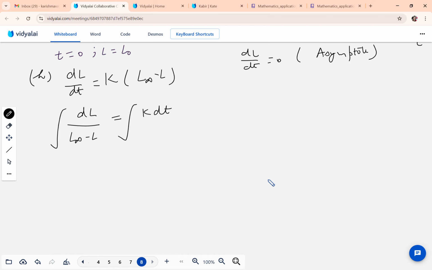But here we have dL upon a function, so you must be aware of the formula that we used in integration. Integration of 1 upon a linear function ax plus b.